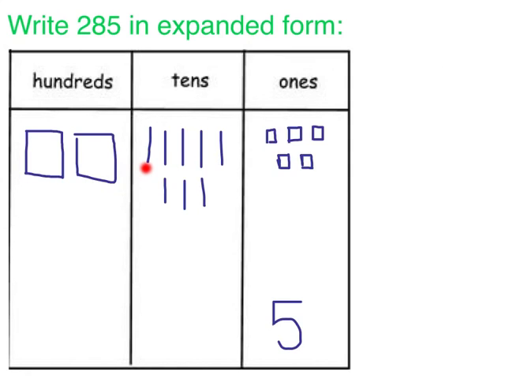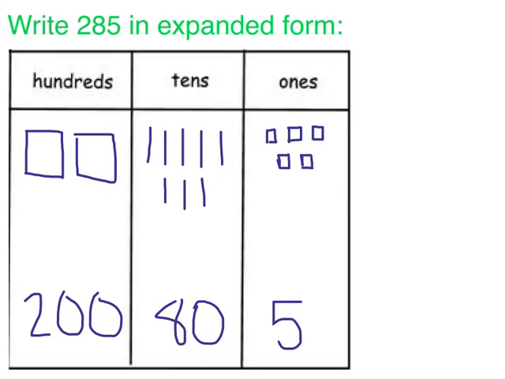Let's count by tens. 10, 20, 30, 40, 50, 60, 70, 80. The value of the 8 is 80, 8 tens. Now let's count by 100 to find the value of the 2. 100, 200. The 2 is worth 200.